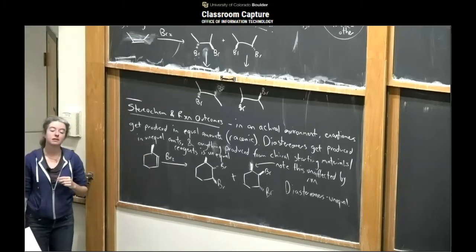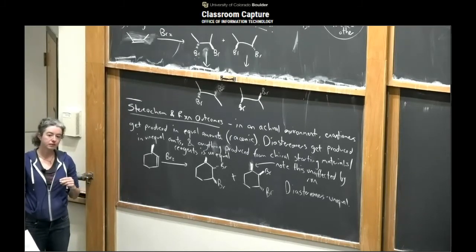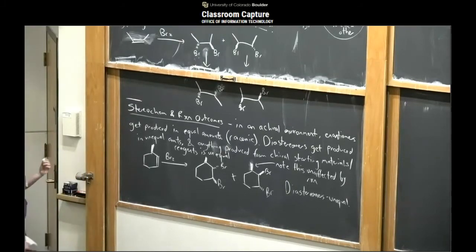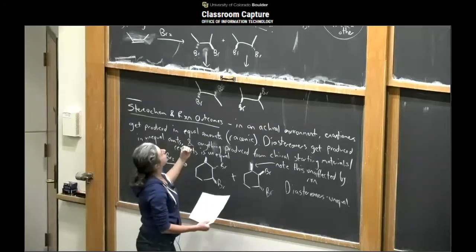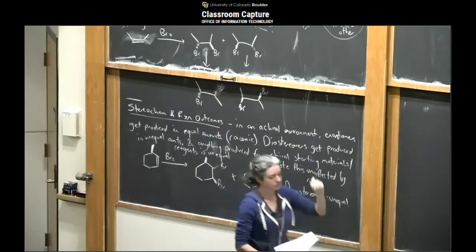Question in the back? Do you think you could explain why each of the starting materials in the top problem are achiral? Yeah, so if I drew the mirror image of this, let me hop over here so I've got more space.